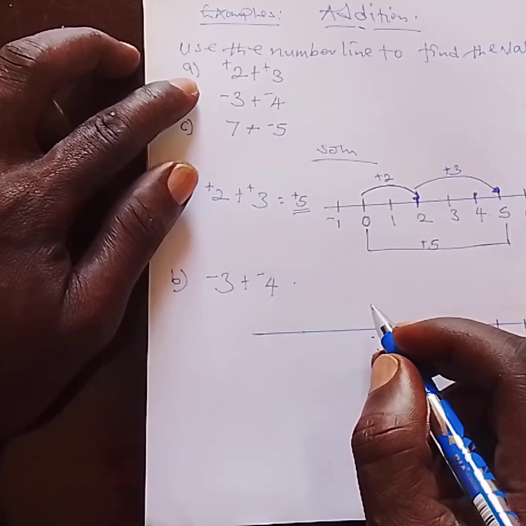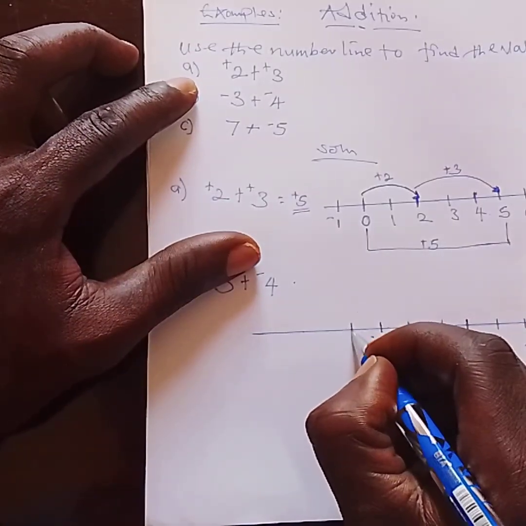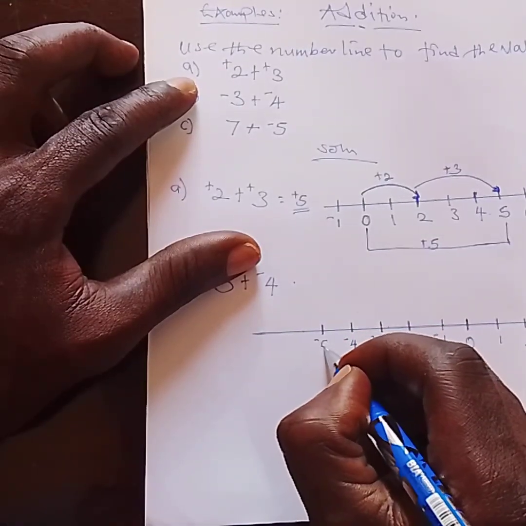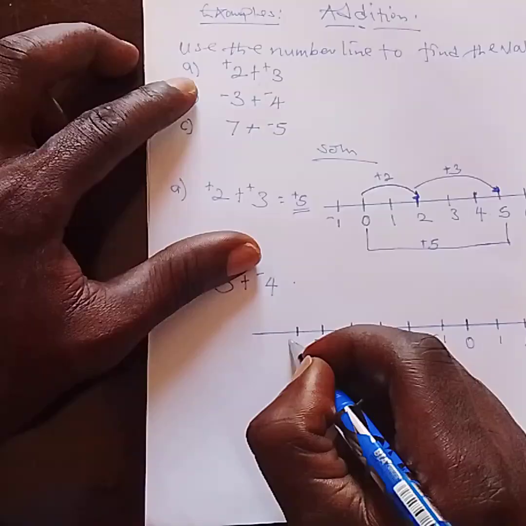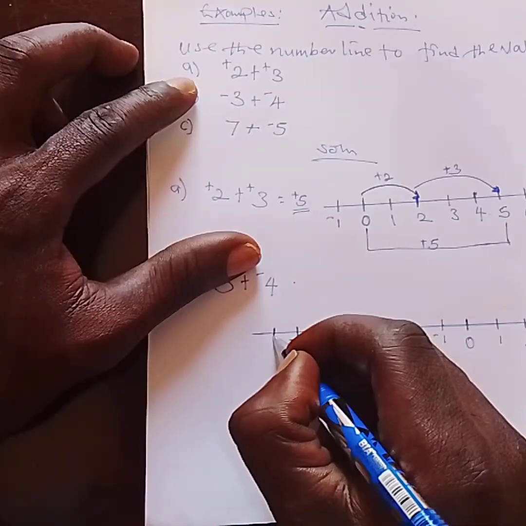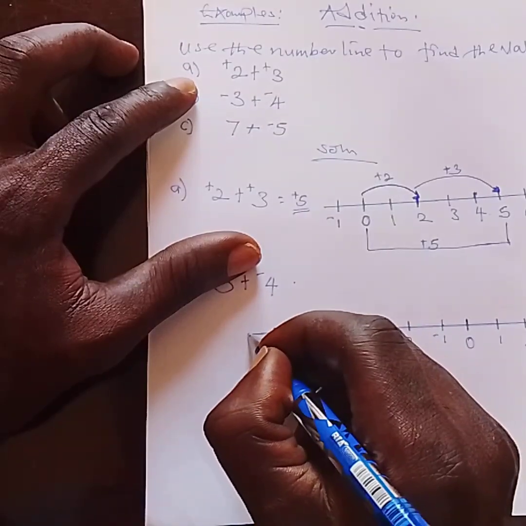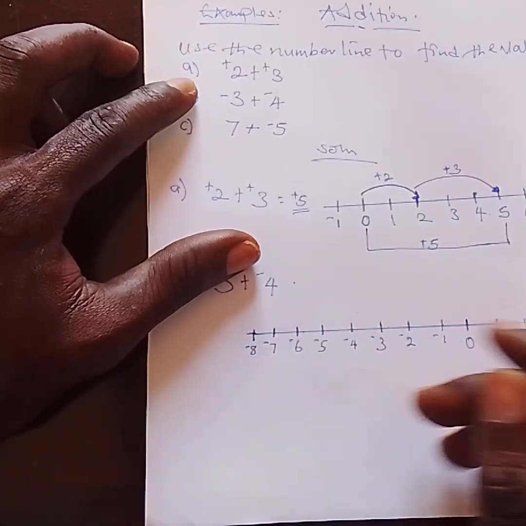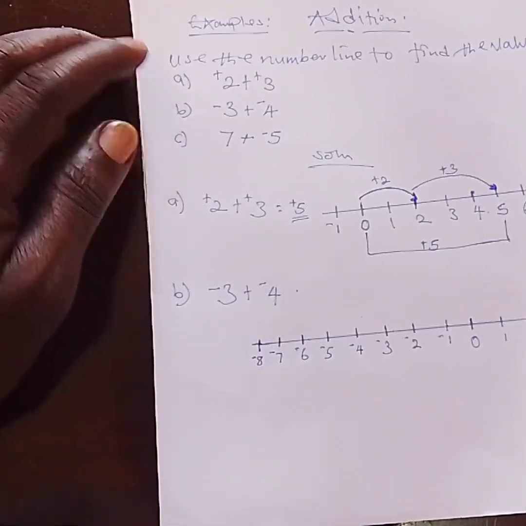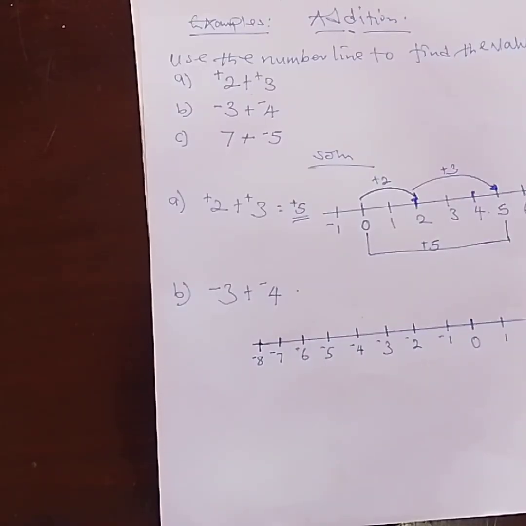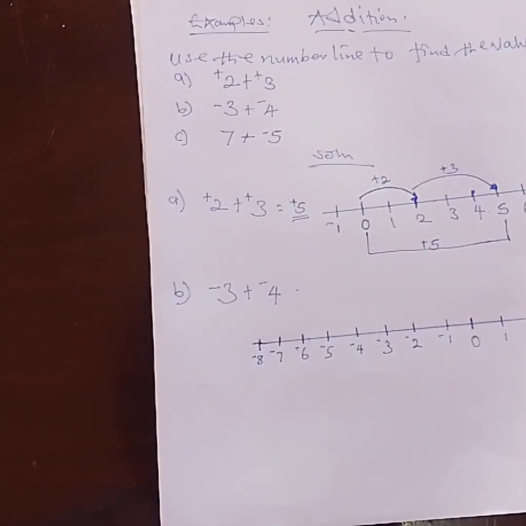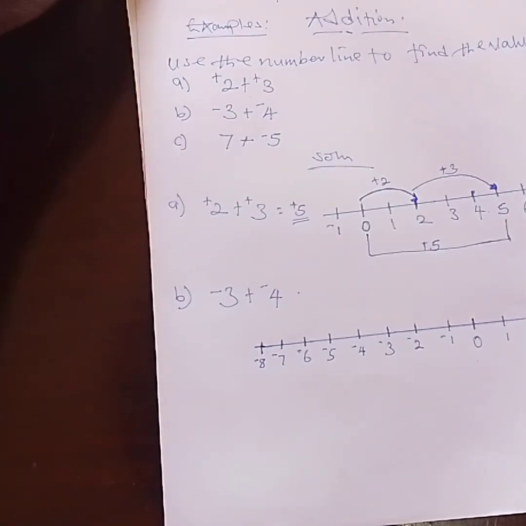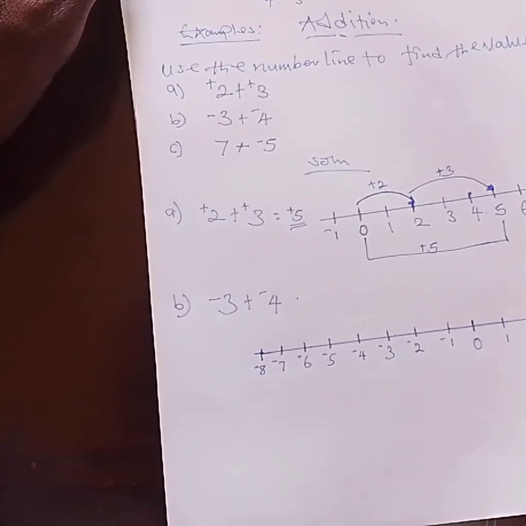Then next we have negative 4, negative 5, negative 6, negative 7, then negative 8 and many others. So you can still name your number line up to where you need it. So now we have negative 3 plus negative 4.